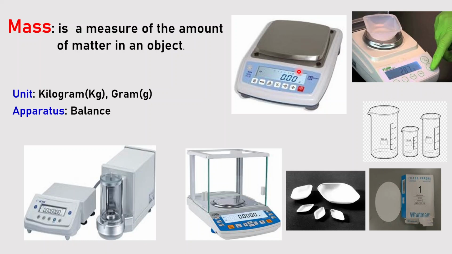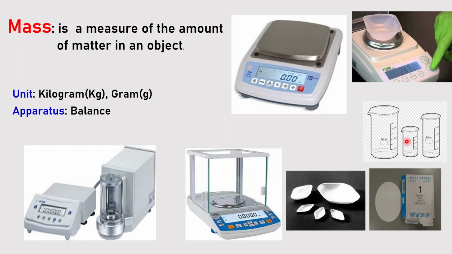Modern top loading balances are electronic and give a digital readout in seconds. So it gives convenient, economical and quick measurement. Containers which can be used for weighing are mostly the weighing boat, filter paper and the beaker.